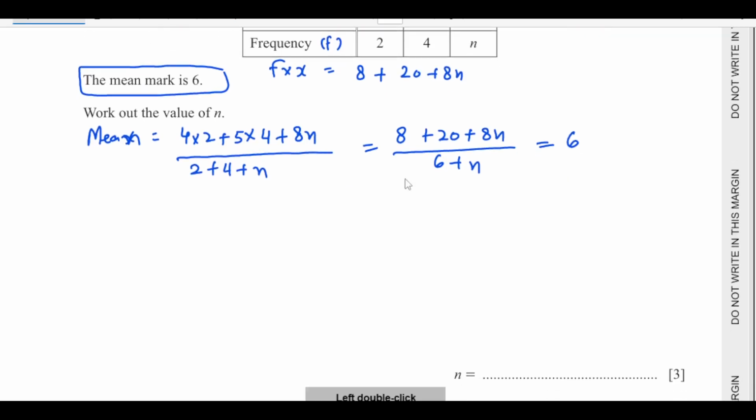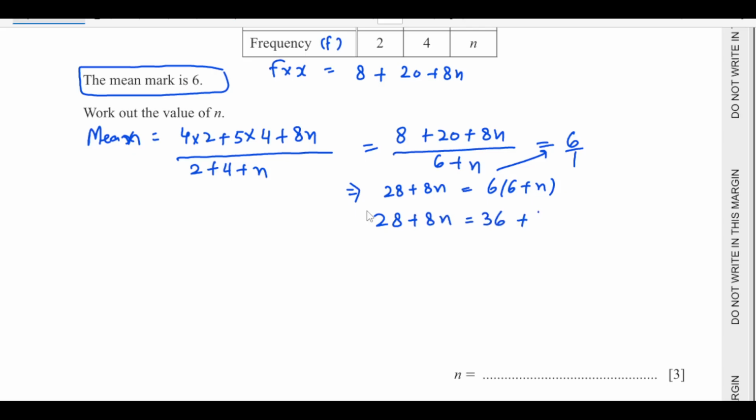So, this is 28 plus 8n, we have 1 over here. Then cross multiplying, this will go here, 6 into (6 plus n), right. So, this is 28 plus 8n equals 6 times 6, 36, plus 6n. Okay. So, 8n minus 6n, bring n on the left hand side, 36 minus 28. So, this is 8 and this is 2n, divide by 2, divide by 2. So, 8 over 2 it is 4. So, value of n is 4.